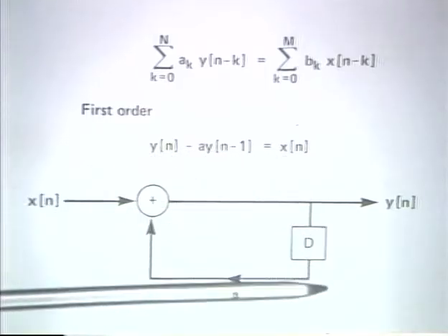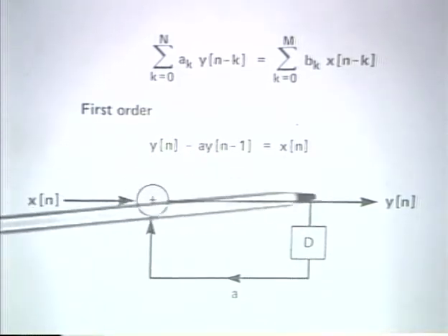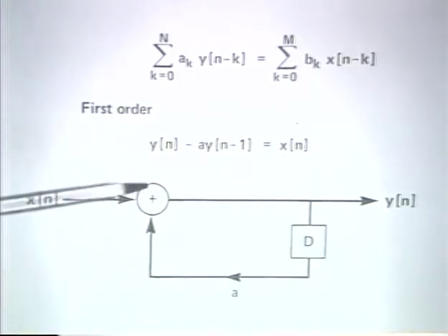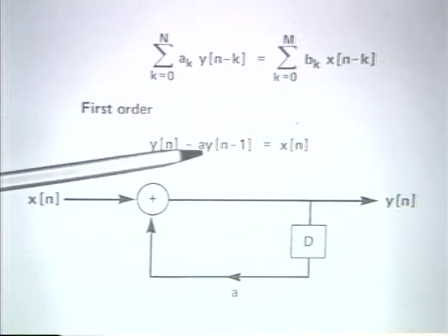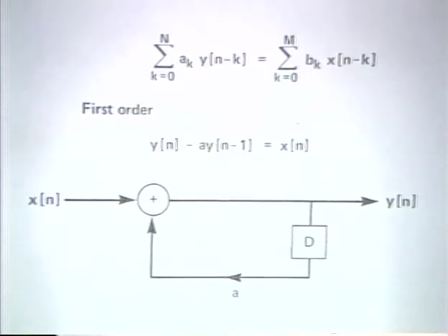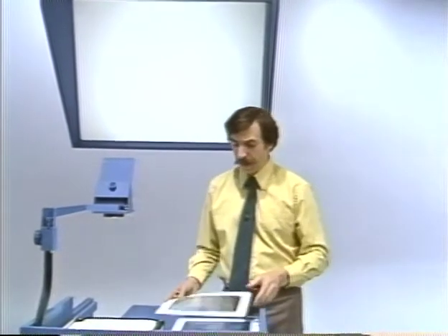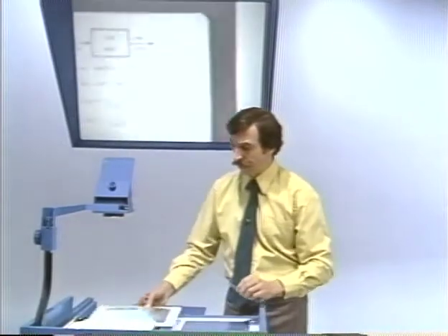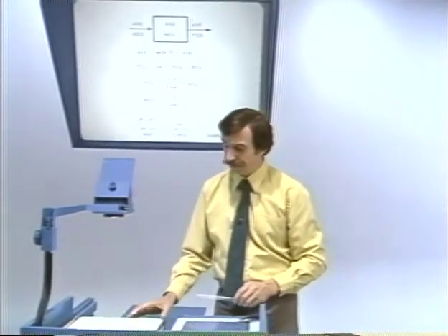And I simply indicate the block diagram for this. But what we want to examine now for this first-order recursion is the frequency response and see its interpretation as a filter. Well, in fact, again, the mathematics for this we've gone through in the last lecture.